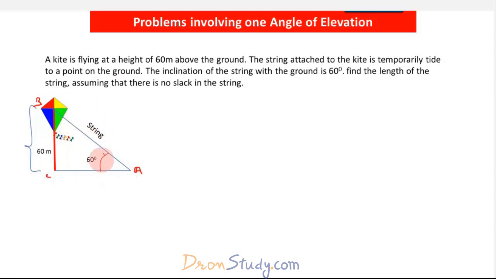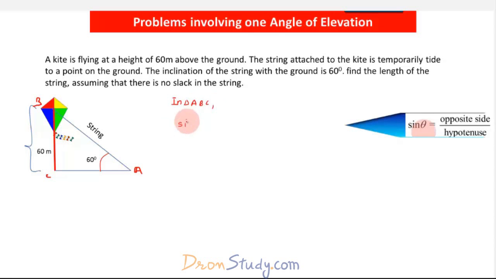This is the angle of inclination, and this is the opposite side, and this is the hypotenuse. So we will have to search for such a relation which contains the opposite side and the hypotenuse. And so in triangle ABC, sin theta is equal to opposite side upon hypotenuse.